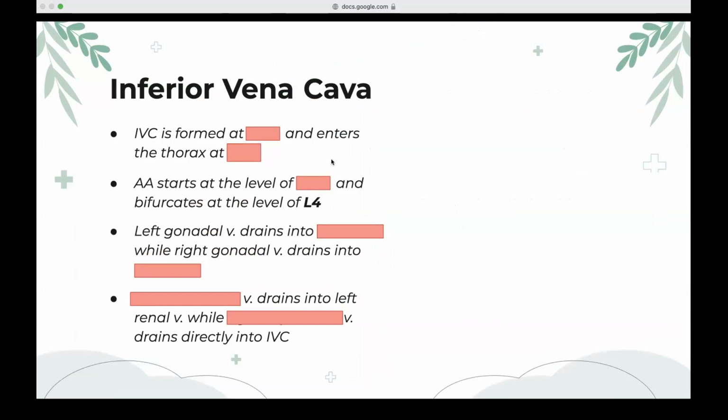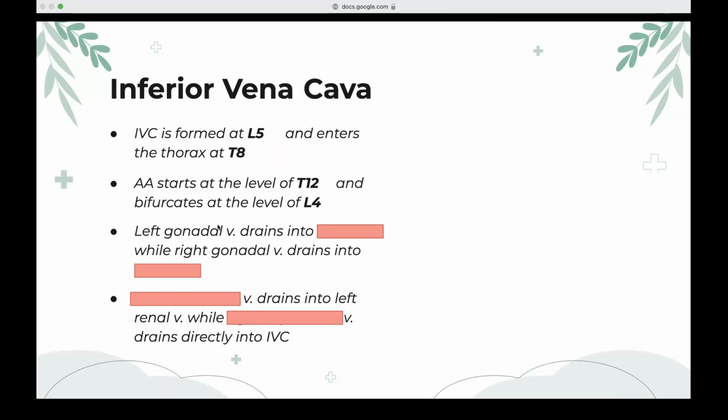L5, yes. And it enters the thorax at T8, exactly. Abdominal aorta, you mentioned this previously: it starts at the level T12 and bifurcates at the level L4.